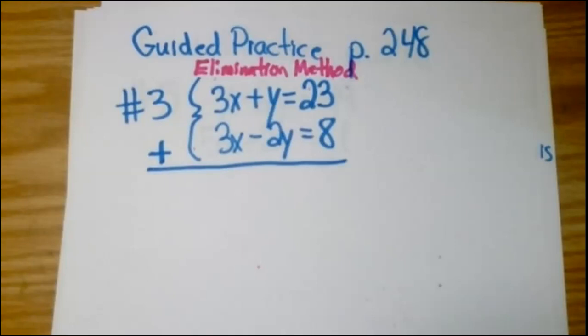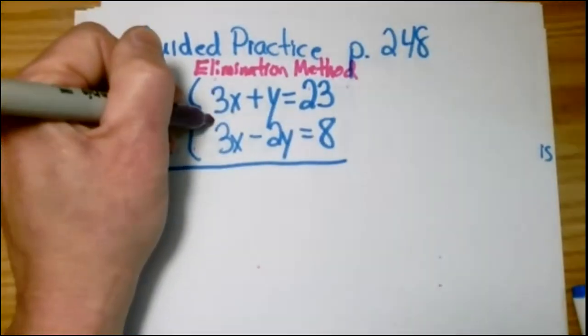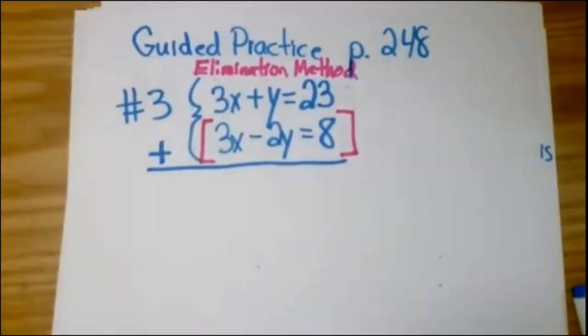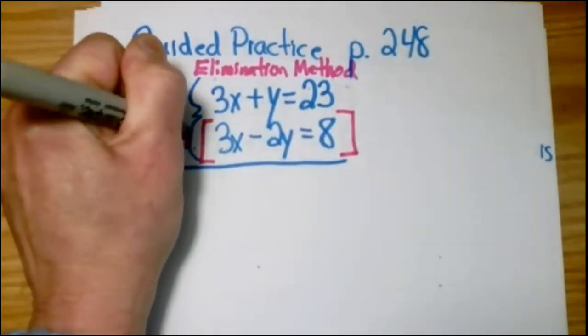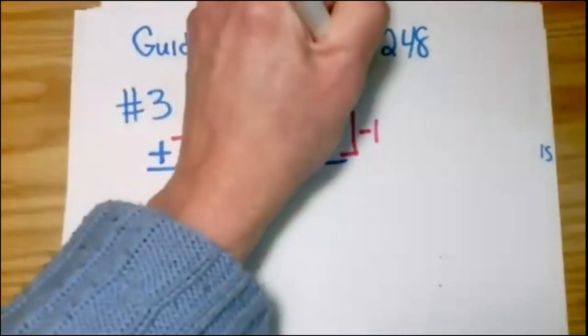You are going to multiply one of the equations by a number. So in our case, I'm going to pick the second equation, and I'm going to multiply by a negative 1 to both sides. Remember, whatever you do to one side, you have to do to the other side. So my top equation is still going to be the same.